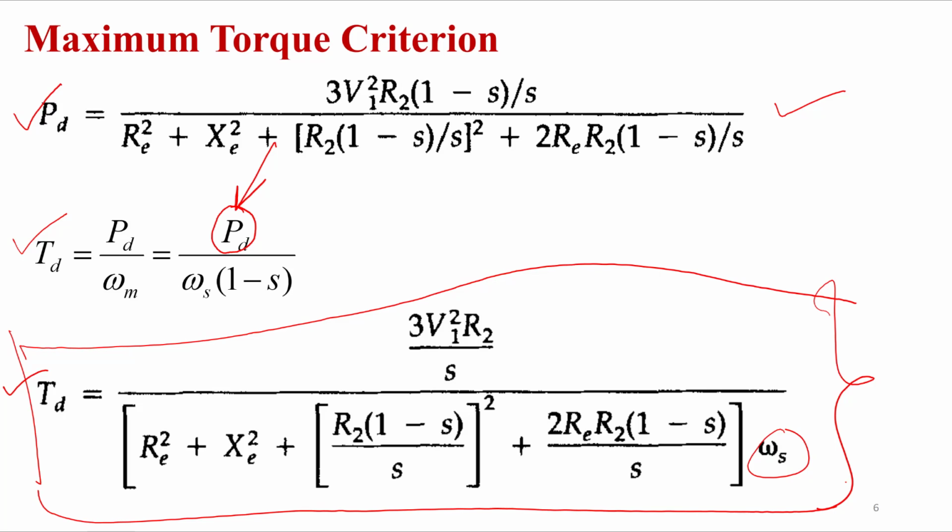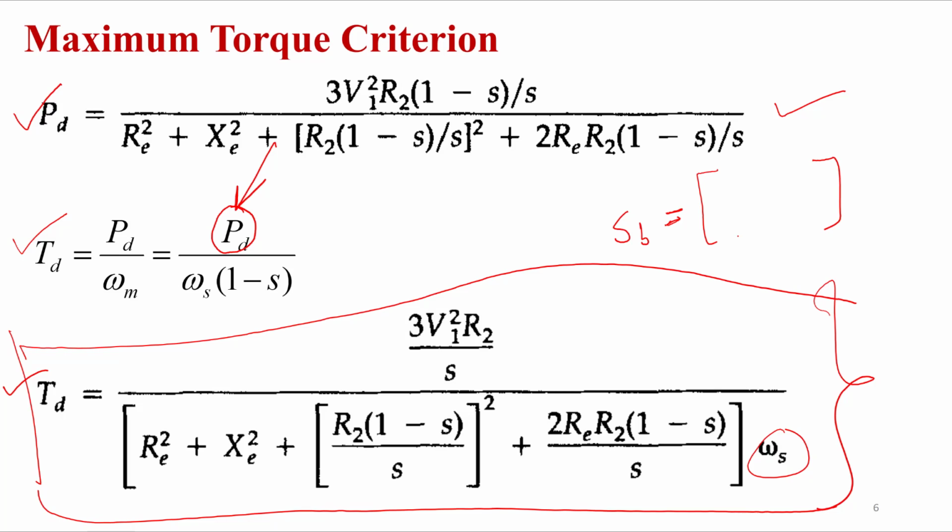Now from this expression I need to find the maximum torque criterion. That means I want to find the slip at which the maximum torque will occur, that is known as breakdown torque. So can you find the slip at which the maximum torque will occur?